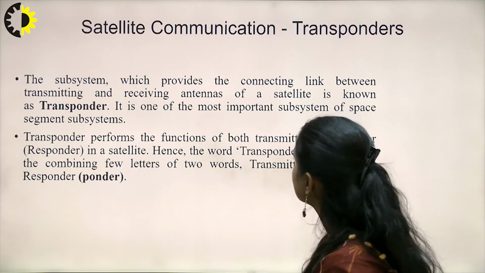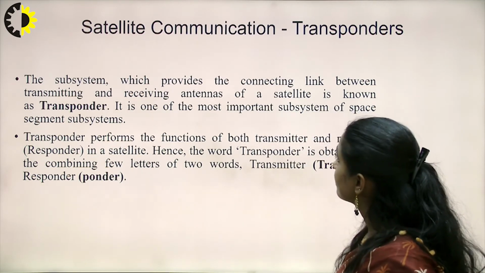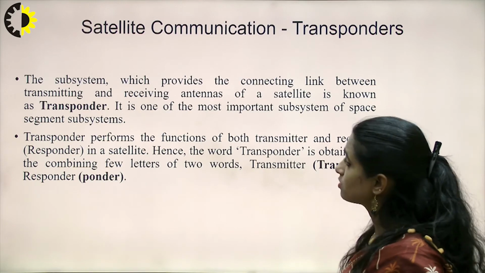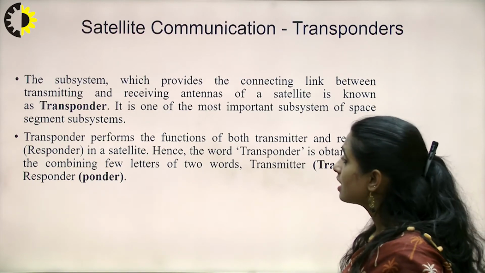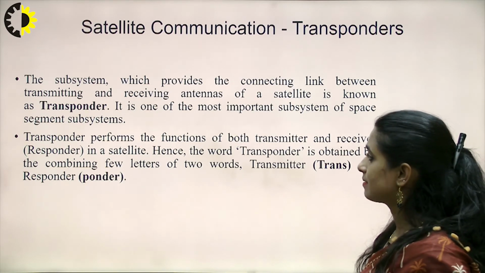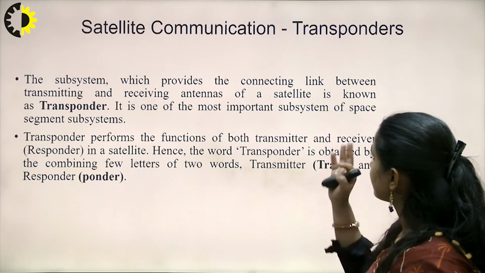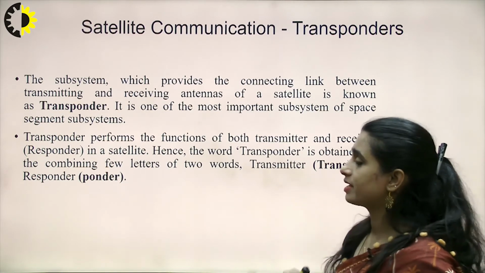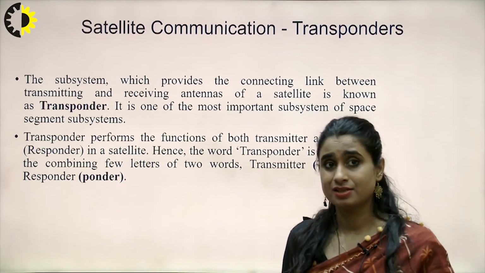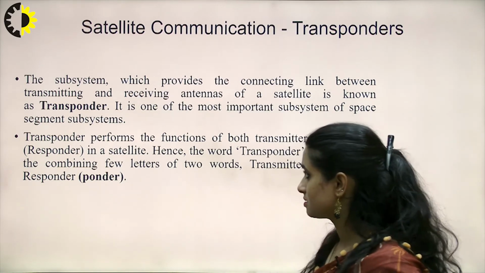The subsystem which provides the connecting link between transmitting and receiving antennas of a satellite is known as a transponder. It is one of the most important subsystems of a space segment. The main communication, right, is accomplished with the help of transponders.